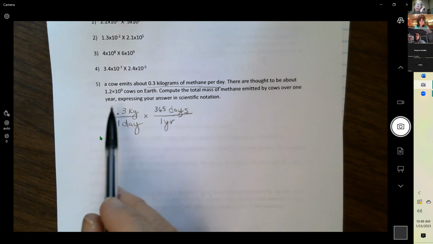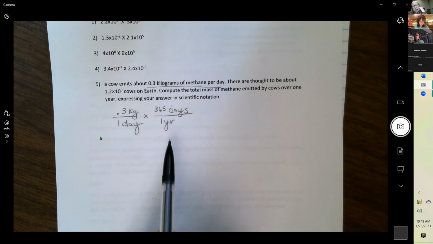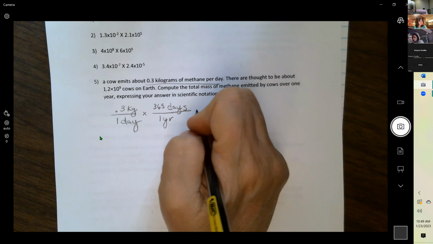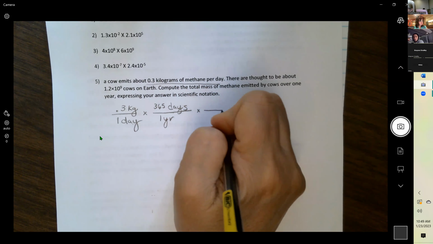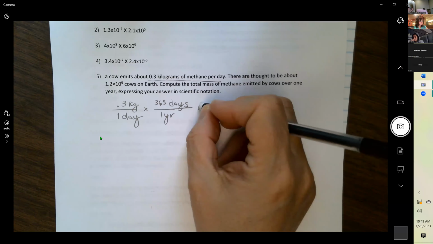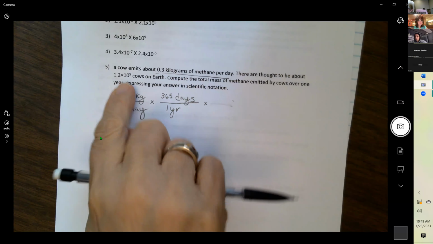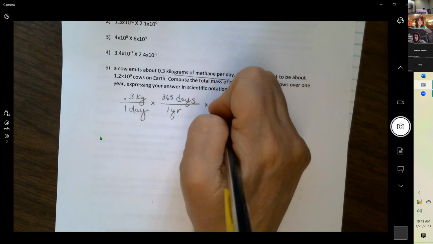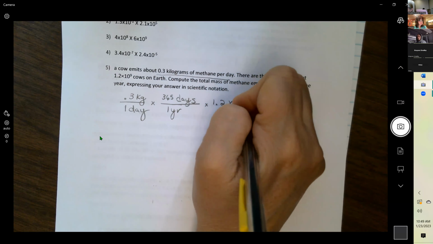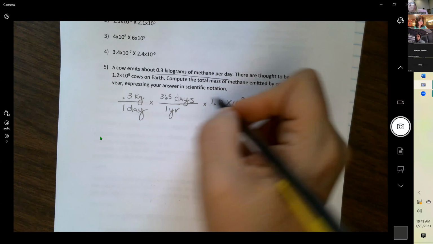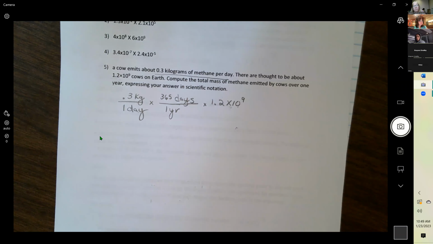So this is the total amount emitted per year for a cow. Well, this is for each cow. If there's 1.2 times 10 to the 9 cows, I need to multiply by it. Any questions on that?